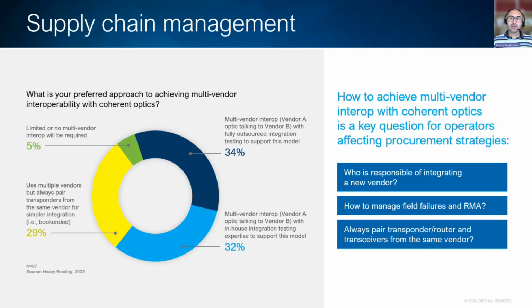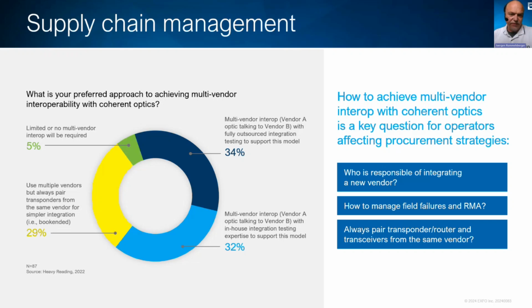But looking at the results of the survey, it looks like 50% of the operators that want to pursue a multi-vendor approach are actually willing to build in-house testing capability. And Juergen, can you tell us what are the testing scenarios that are typically adopted to manage the supply chain in this specific case? And what are the tools?